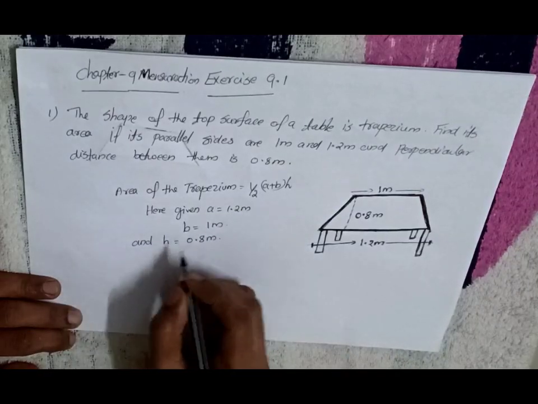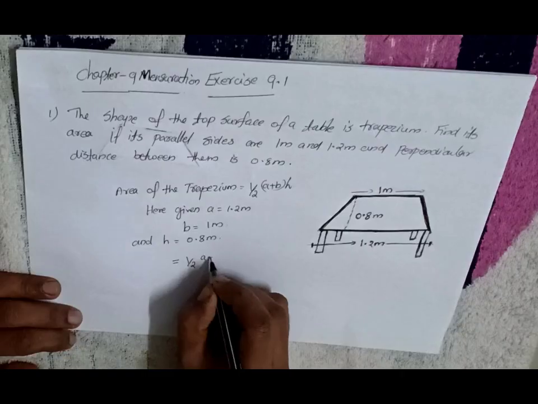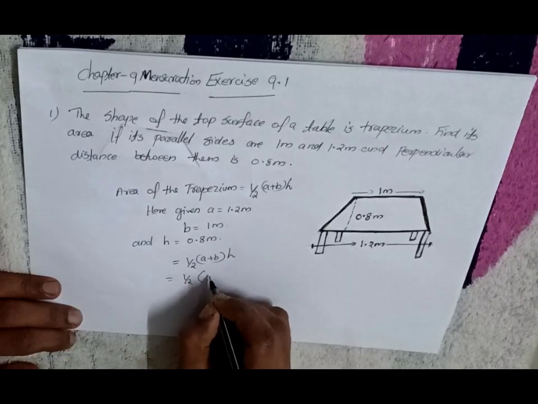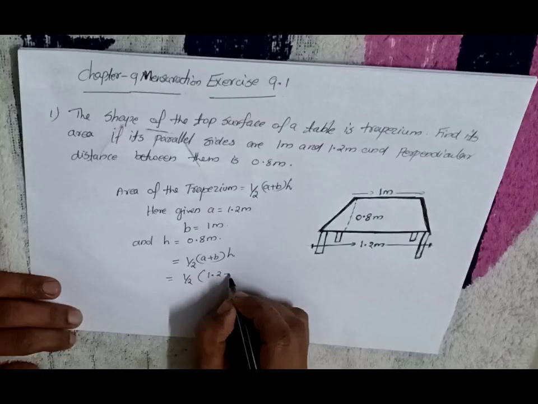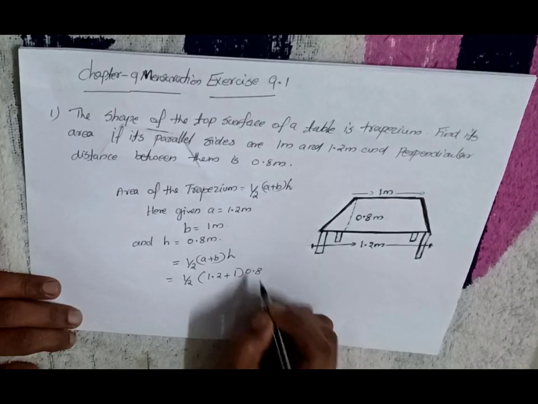Therefore, the area of the trapezium is equal to half into A plus B into H. Here, half into A is 1.2 plus B is 1 into H 0.8.